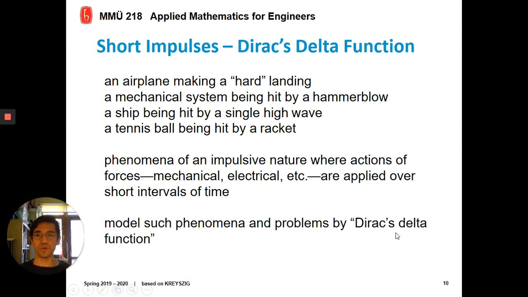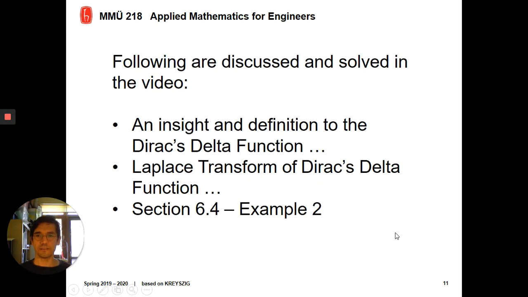So let's move on with some definitions and insight into this function, and then we will do the Laplace transform of it, and we will look at one of the examples from your book.